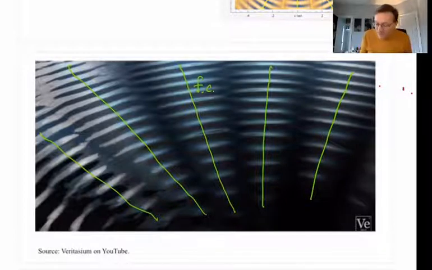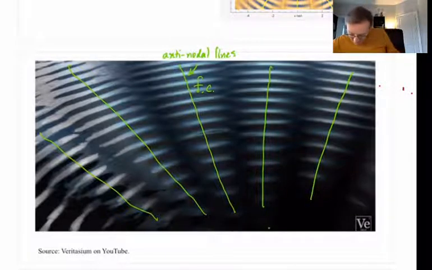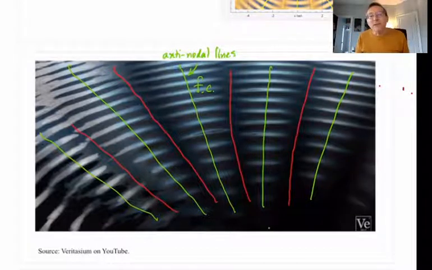If you want to be really fancy, they're called anti-nodal lines. That's one example right there. Anti-nodes. Now, you also see lines like right around through there, and there, and there, and there's one here too, where it just looks blurry, like there's not much distinction at all along that line between bright and dark.